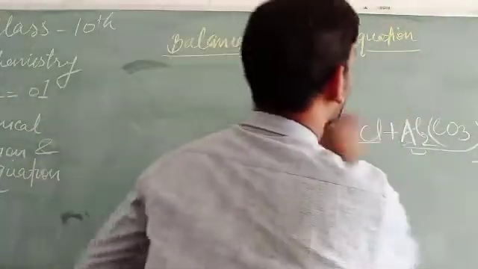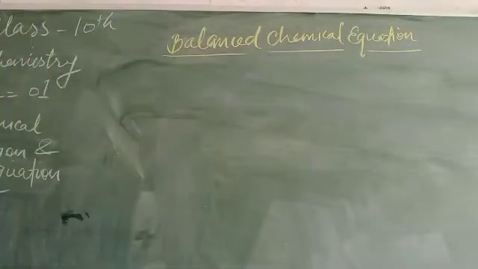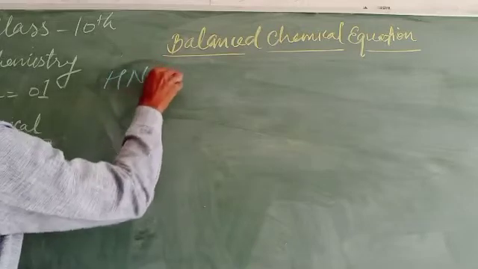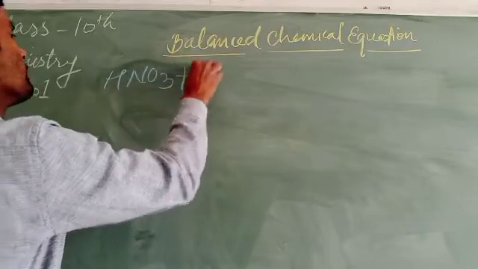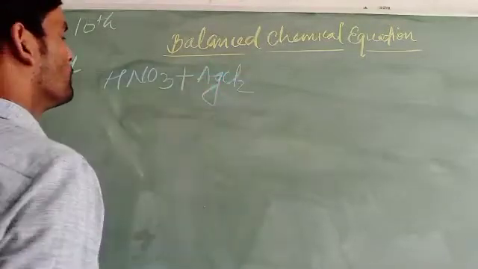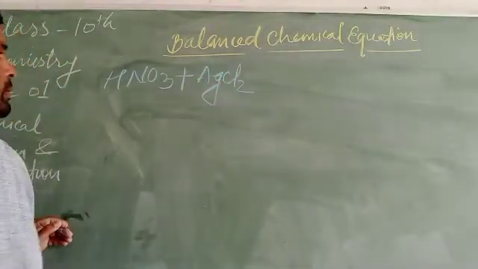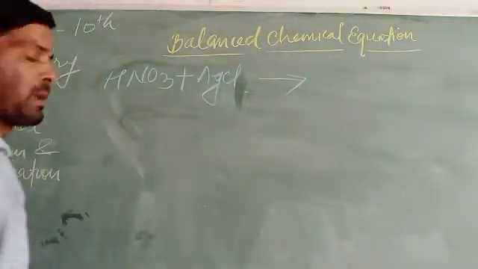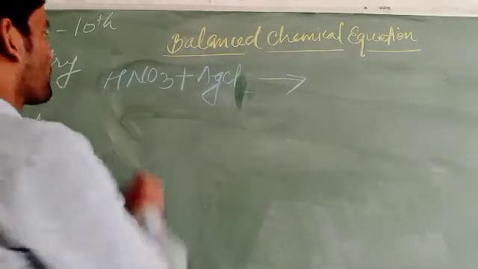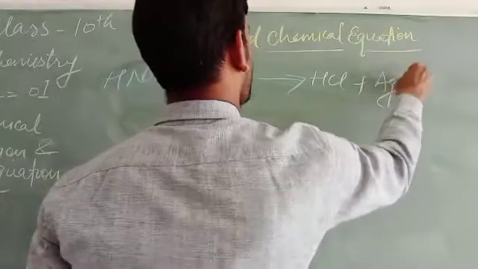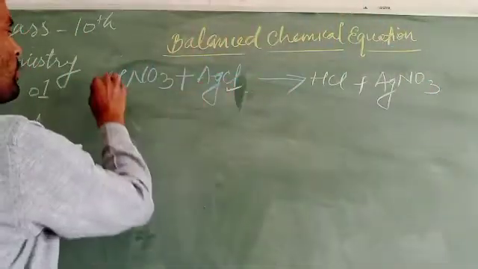HNO3 plus AgCl gives HCl plus AgNO3. So here is Cl, one molecule, hydrogen is one molecule.